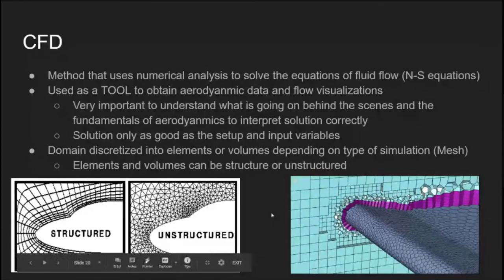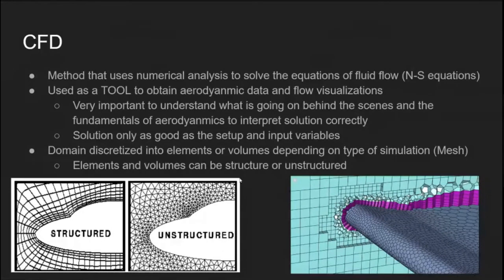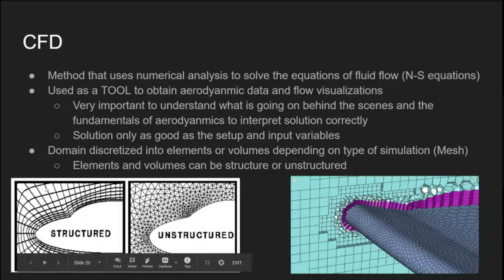You can have structured or unstructured mesh types. Structured means all the actual mesh elements are square. They have a certain aspect ratio, and they're larger outside and smaller closer to the body to capture the boundary layer. An unstructured mesh can actually be a variety of shapes.